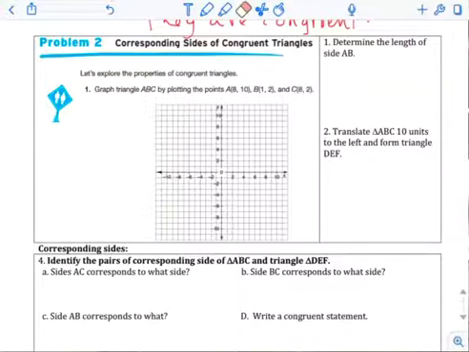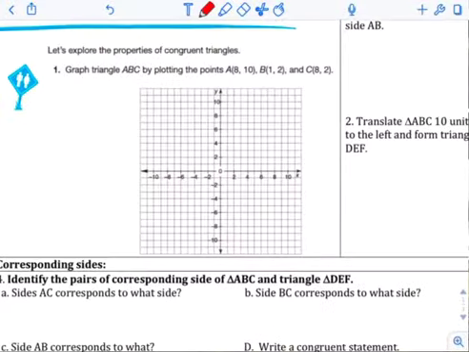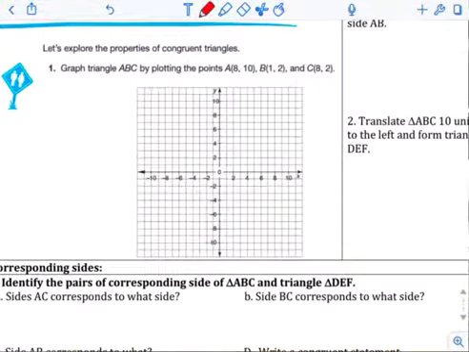Oh my goodness. Let's explore the properties of congruent triangles. Graph 8, 10. 1, 2. A, B, 8, 2, right there.